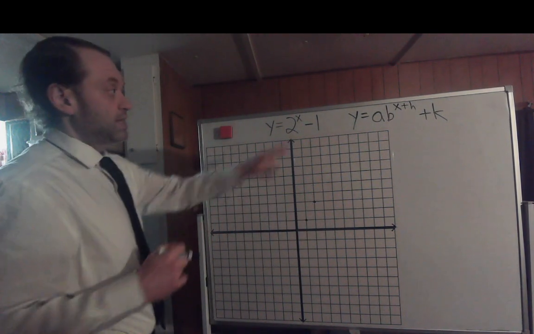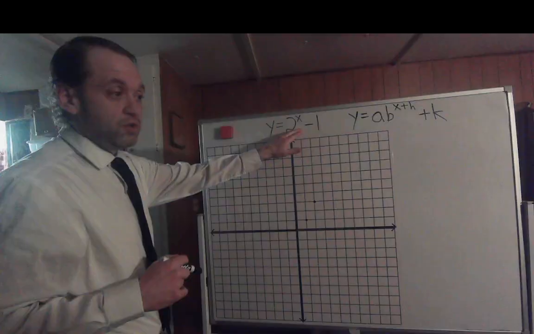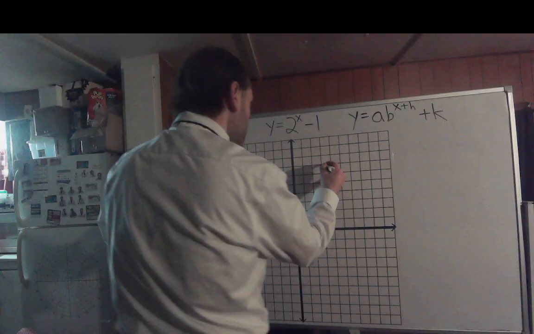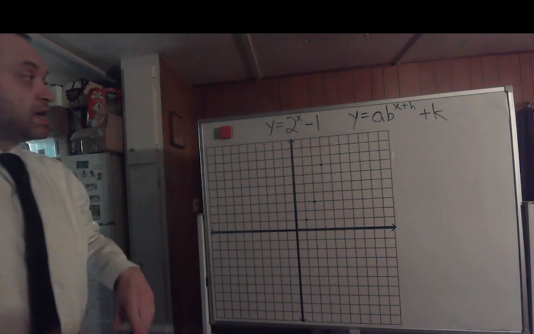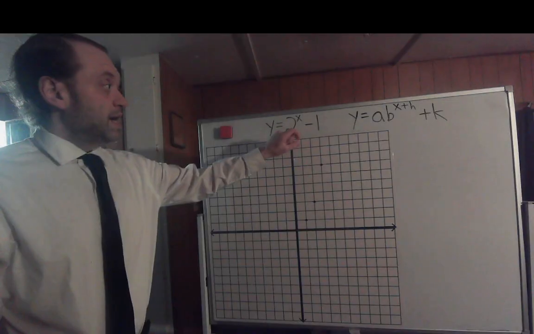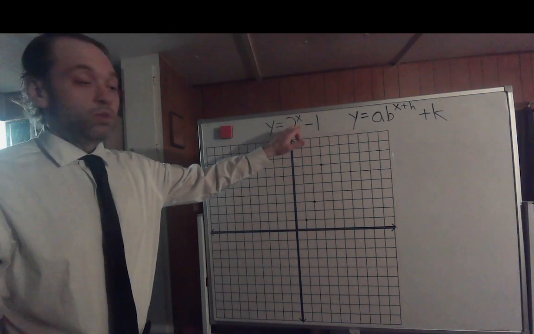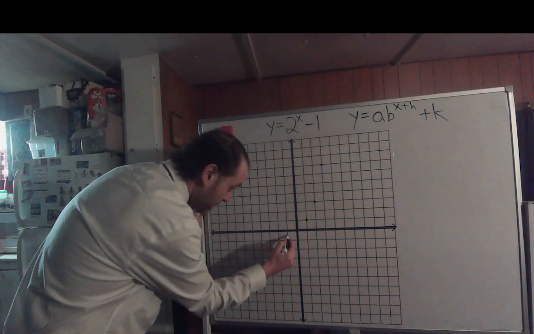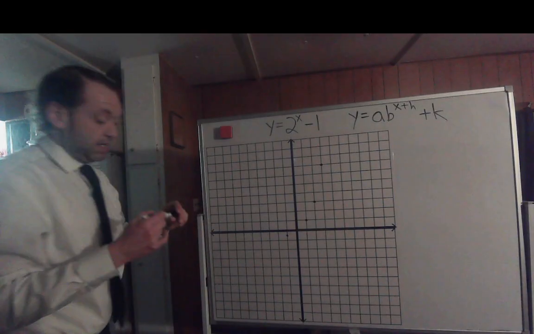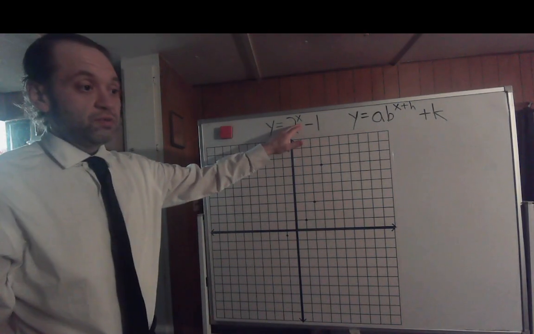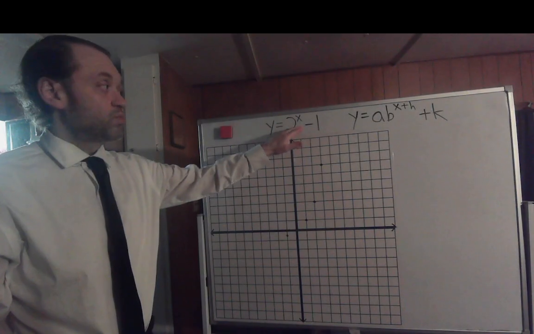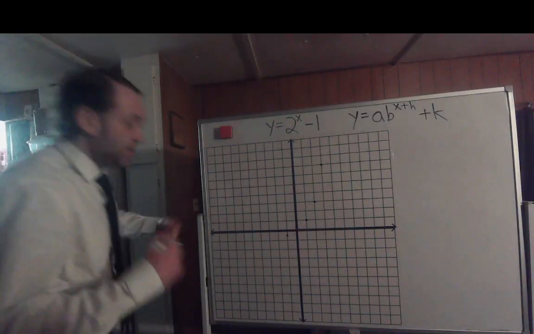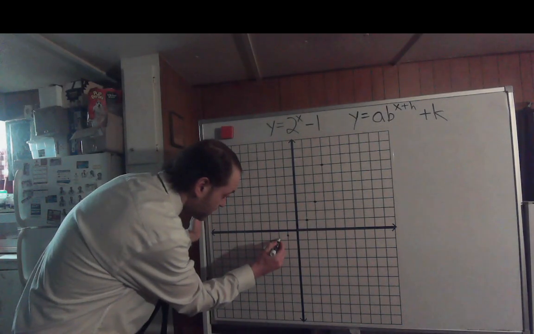Then how about when x is 3? Well, that's 2 to the third, which is 8, minus 1 is 7. Now, how about when x is negative 1? Well, that's 1/2 minus 1. That'd be negative 1/2. How about when x is negative 2? That's 2 to the negative second, which is 1/4 minus 1. That would give you negative 3/4.